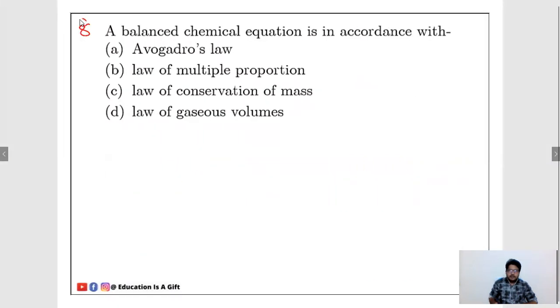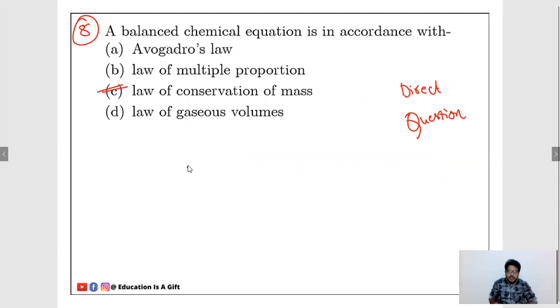Eighth question. A balanced chemical equation is in accordance with, very direct question. Answer easily we can guess, that is law of conservation of mass. So all chemical equations will follow law of conservation of mass.